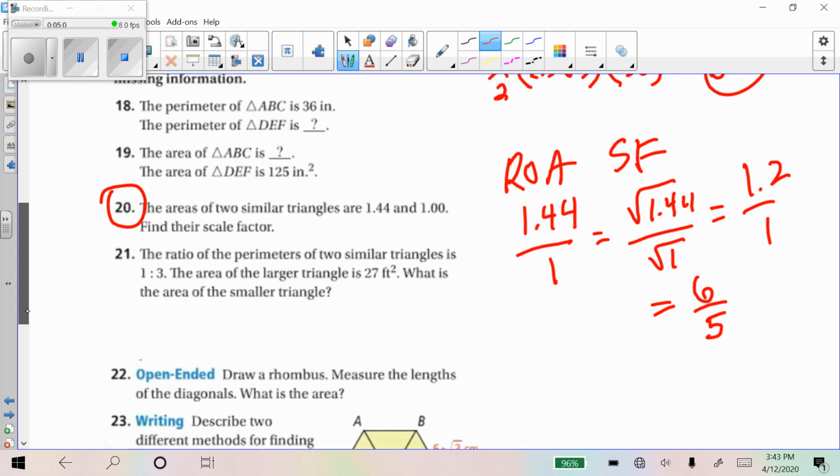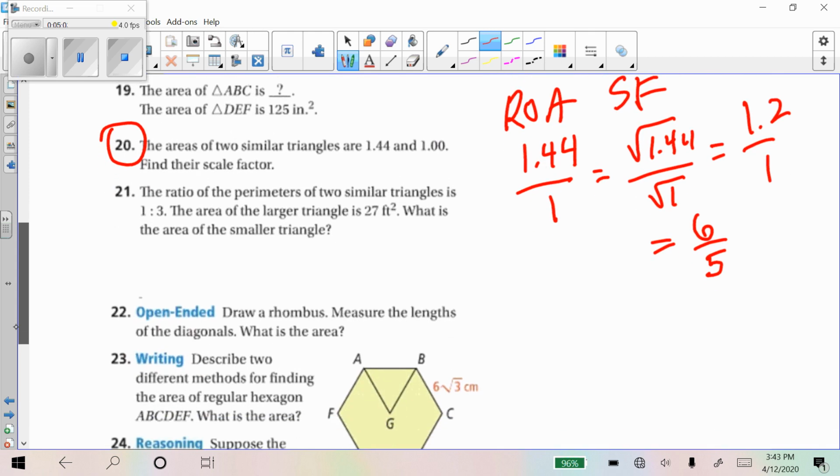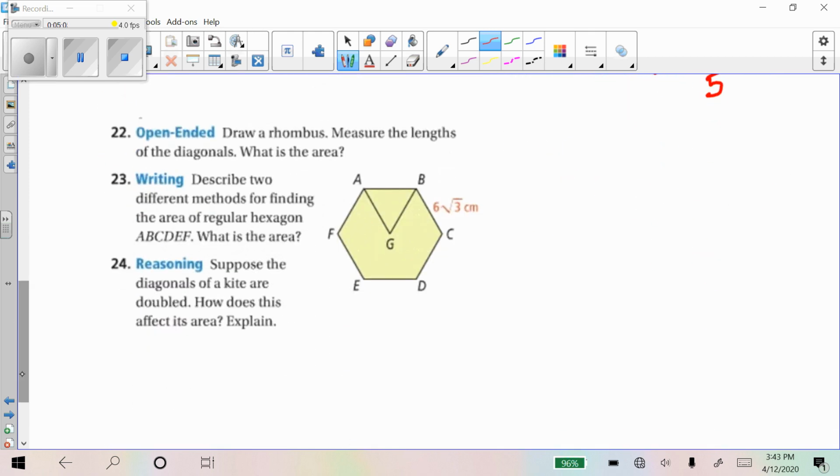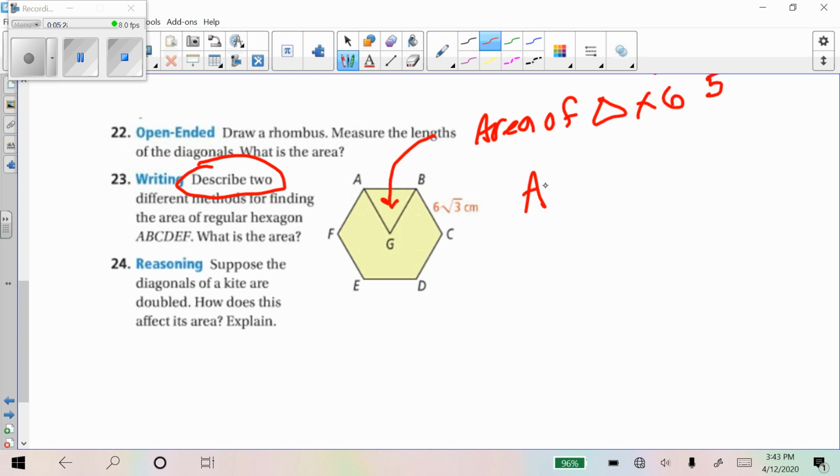And then one more problem that quite a few people missed was number 23. Describe two different methods for finding the area of the regular hexagon. What is the area? I'm just going to go over the area, but basically, if you found the area of this triangle, you could multiply that by 6. That would be one method. The other method would just be to use this formula.